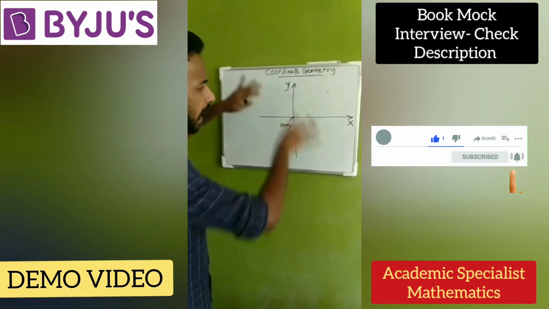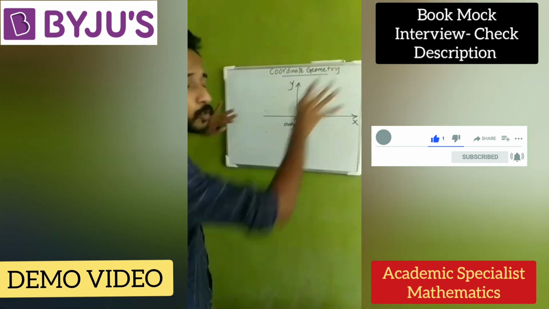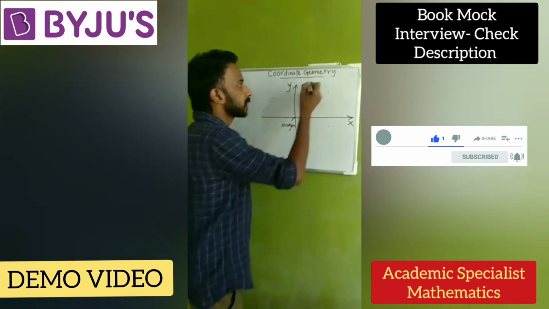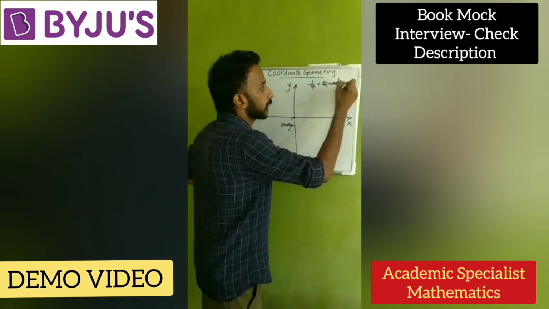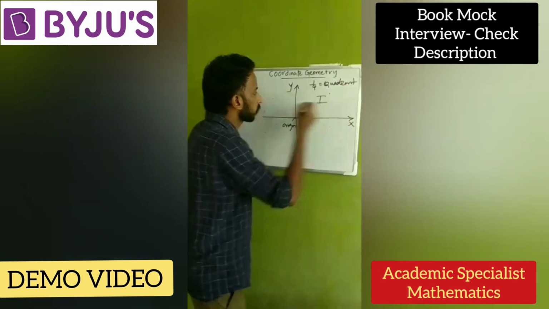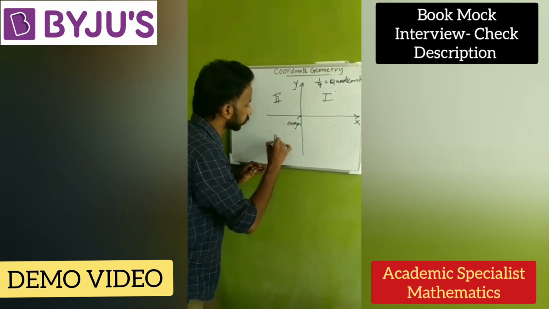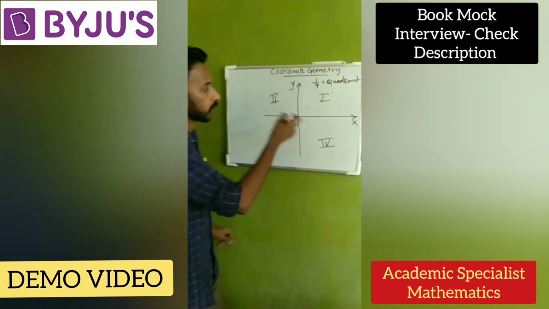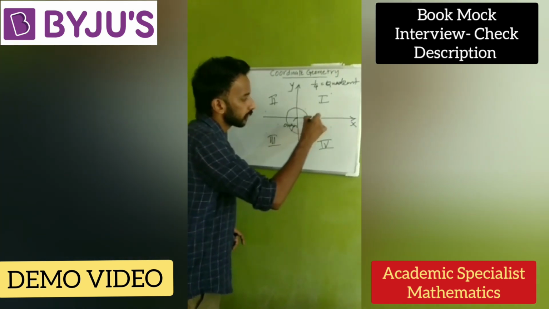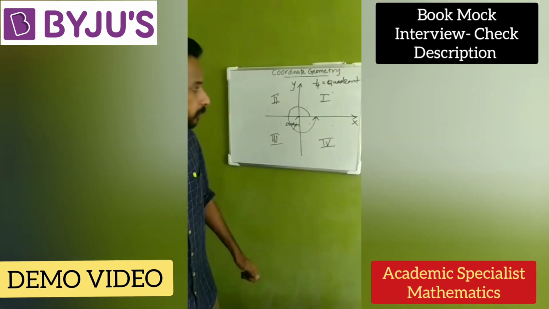These two axes divide the entire plane into four parts, and each part is called a quadrant. This is the first quadrant, this is the second quadrant, this is the third quadrant, and here comes the fourth quadrant. The numbering of quadrants goes in the anti-clockwise direction.